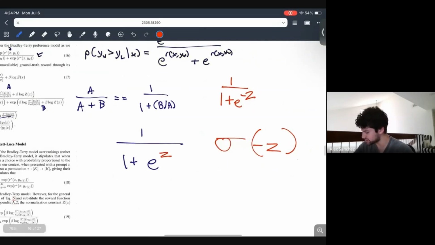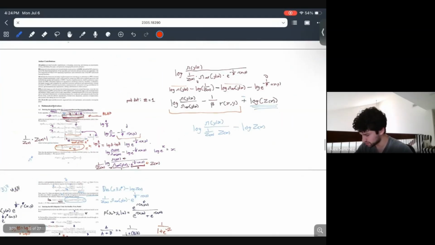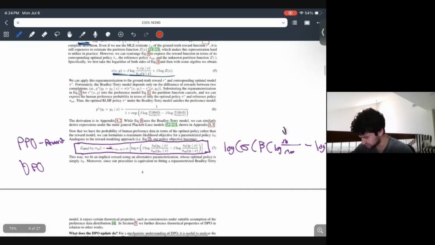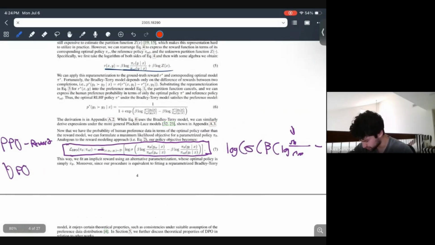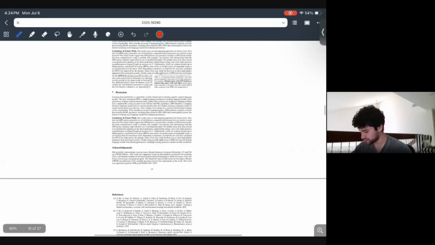And so that's basically the loss function for us, right? Let's go up to the actual loss. This is basically how we achieve that loss. Here you see the sigmoid, and then here's all of this. And so that's how you derive the DPO loss. I think it's very clean math.